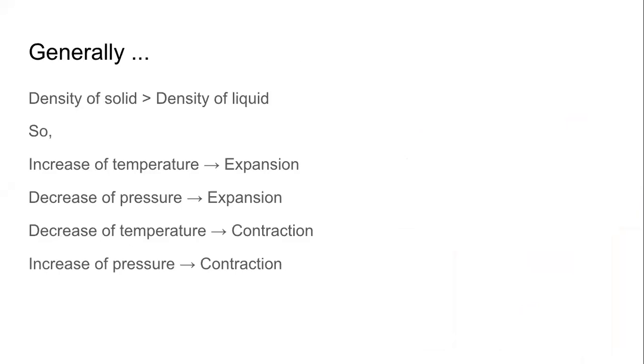Normally, generally, the density of solid, density means kitna tightly packed. All of you know this. Mainly three states of matter: solid, liquid, gas. In solid, the particles of the substance, the molecules are very close to each other. They are tightly packed. They have a definite shape and size. They have a definite volume.